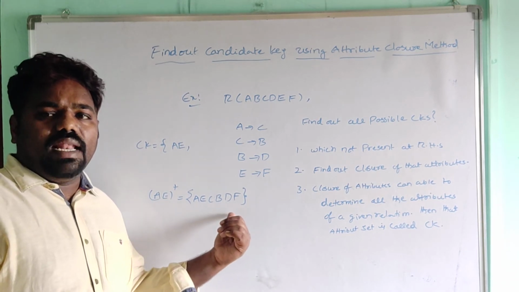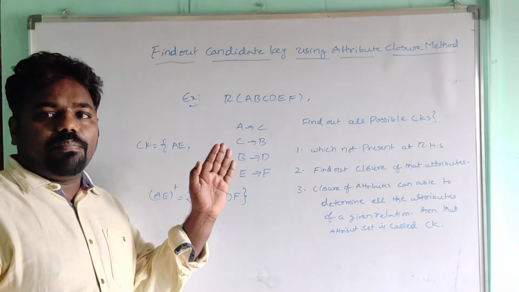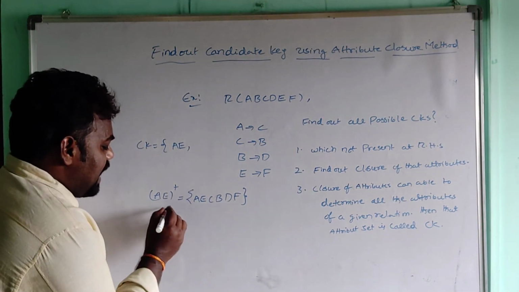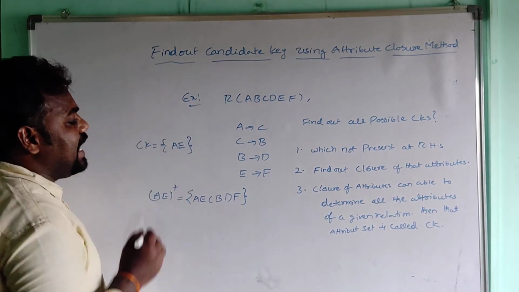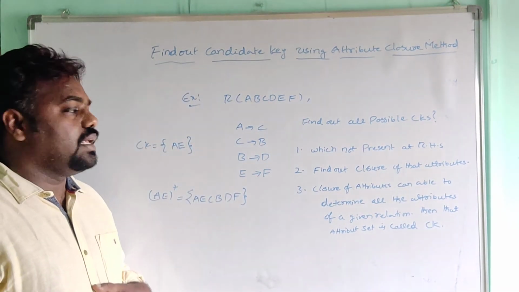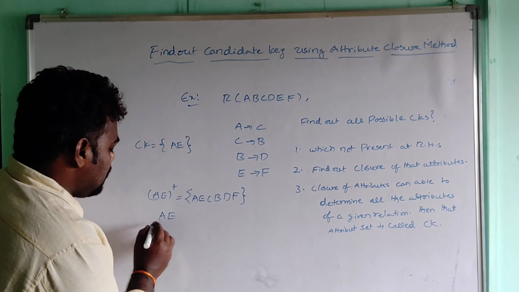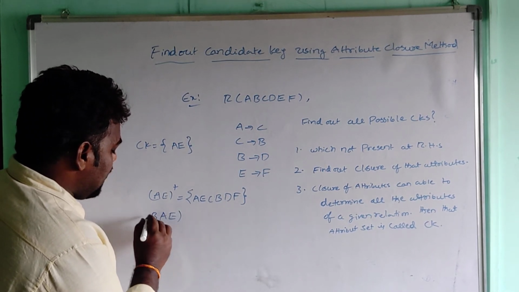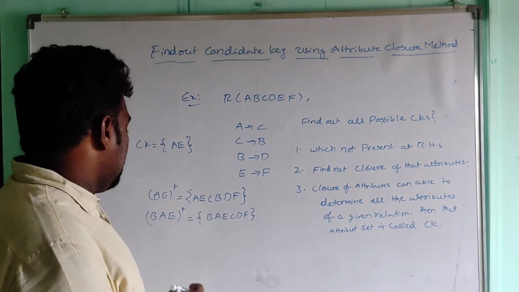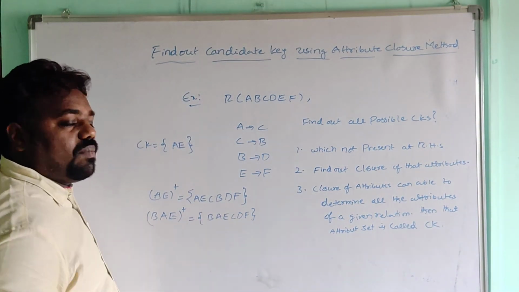Then only we can find all the attributes of the given relation. That's why AE is a candidate key, and it is also a super key for the given relation. Then by taking combinations of AE, suppose you take B, then by using BAE we can determine all the elements.